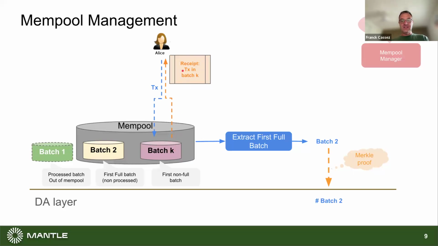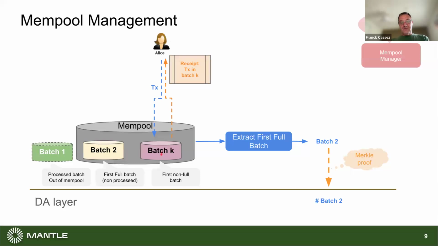So she gets a promise that a transaction will be in block K, but she doesn't know the order of a transaction in block K. So if you're a malicious attacker, the only thing you can do is to submit your transaction. We'll tell you you're in block K, but we won't tell you that you're at position or index 3 or 4 or whatever.